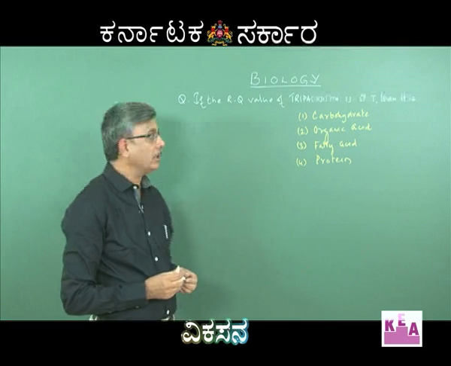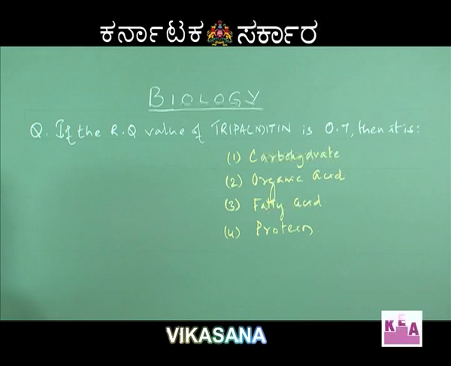We come to the question. The RQ value of tripalmitin is 0.7, then it is... It is a very simple question and easily you can answer.